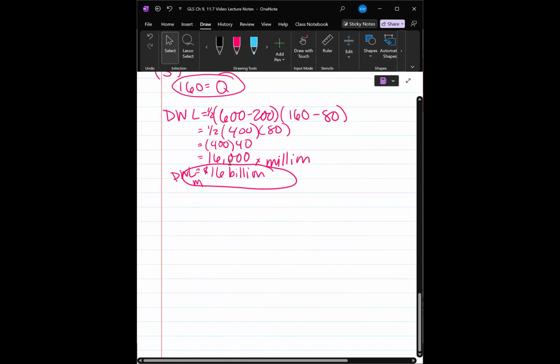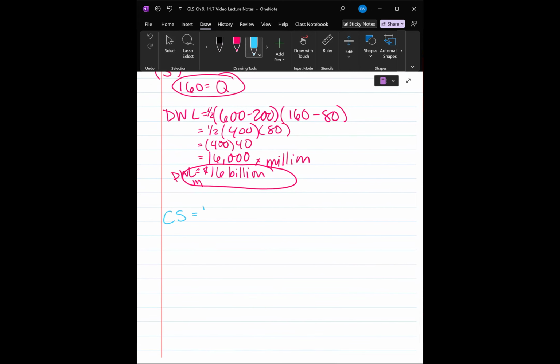But for the sake of practice, I'm going to go ahead and walk through the area of our consumer surplus triangle. So we'll have consumer surplus equal to 1/2 times the difference between the demand choke price and the price charged in perfect competition, which is $200, times the amount produced under perfect competition, which is 160. Simplifying, we get 1/2 times 800 times 160. 160 divided by 2 is 80, so we get 800 times 80.